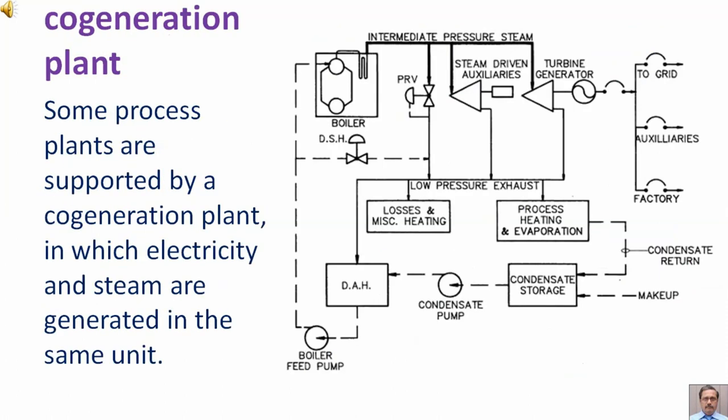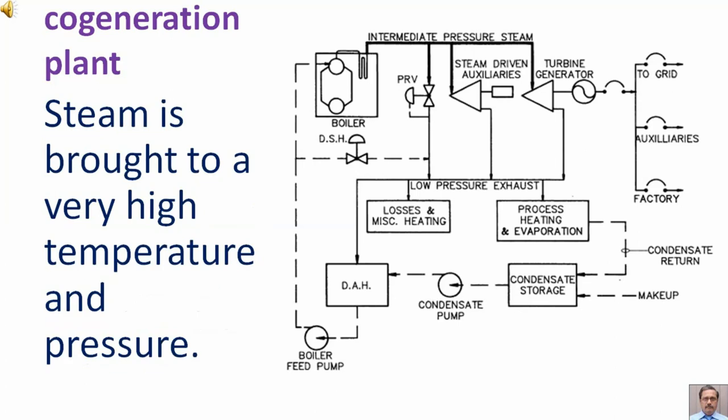Cogeneration plant. Some process plants are supported by a cogeneration plant in which electricity and steam are generated in the same unit. Steam is brought to a very high temperature and pressure.